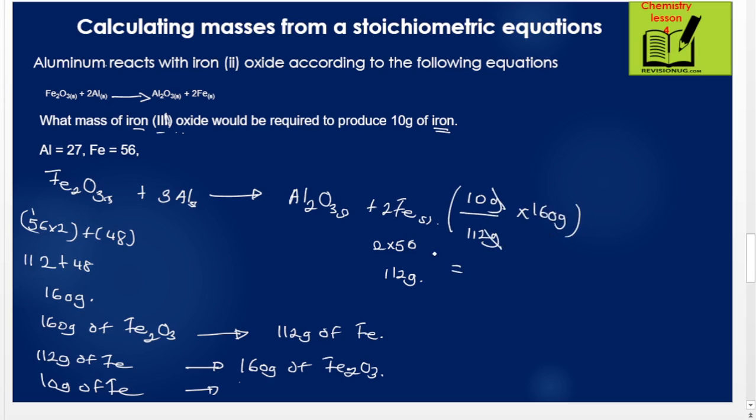So here we are having 10 divided by 112, this is giving us that one, then times 160, we divide by 112, we are having 14.28. So you'll need 14.28 grams of iron oxide.